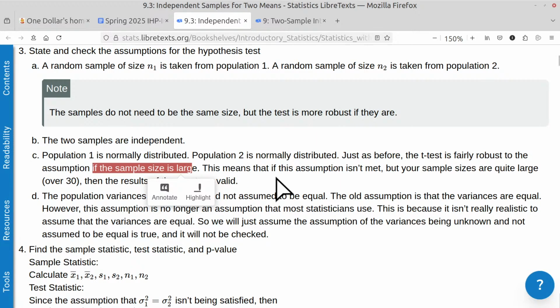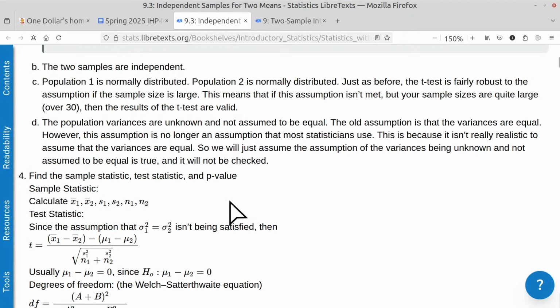This means if this assumption isn't met, but your sample sizes are quite large, over 30, then the results of the t-test are valid. D. The population variances are unknown and not assumed to be equal.